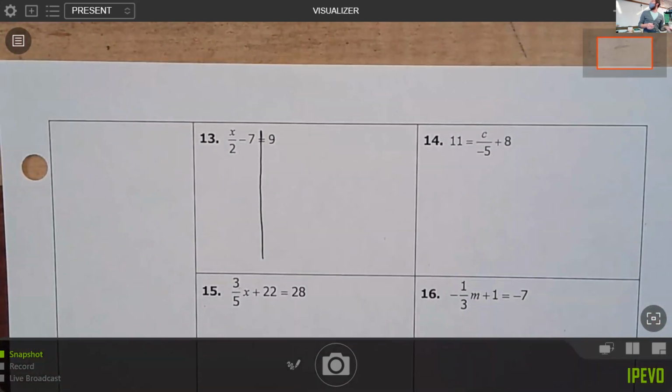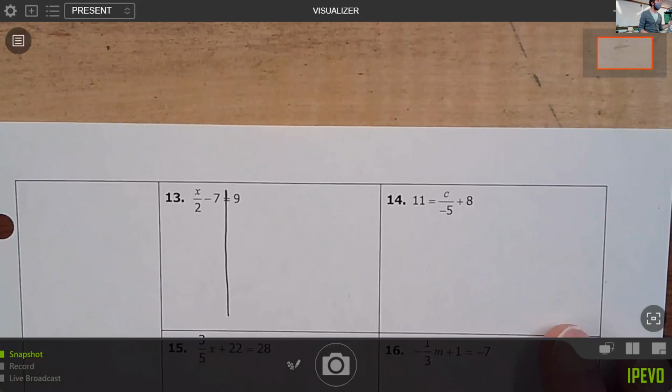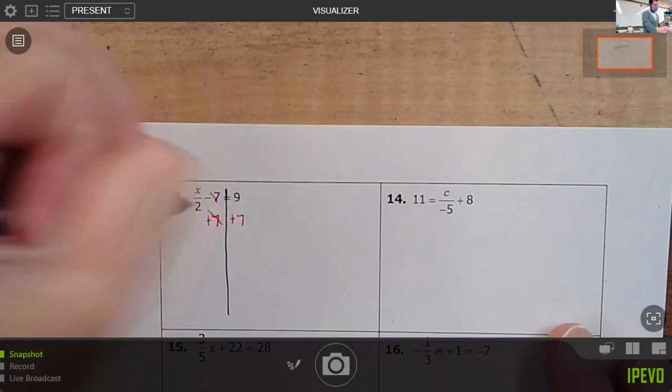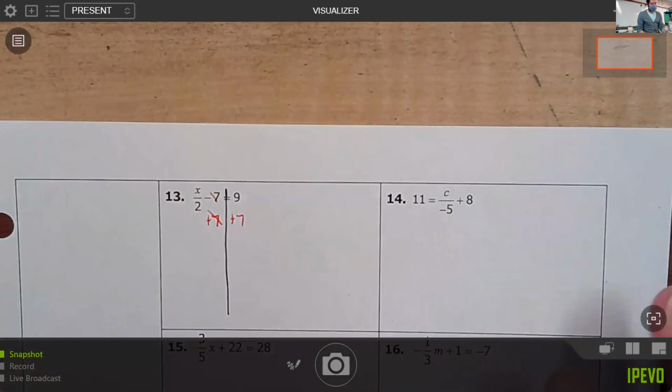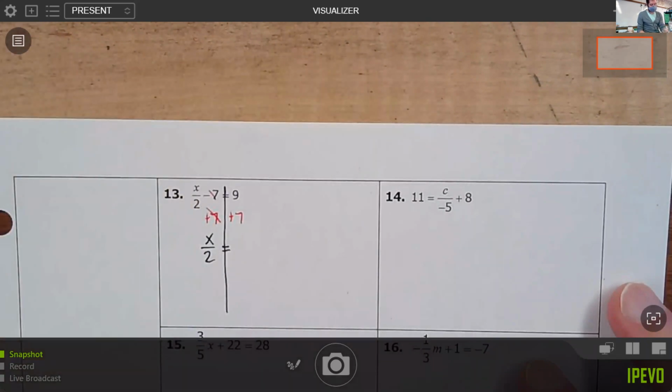So number 13. What's the first thing we're going to do? Add 7. Good. So we're going to add 7. We still have the x divided by 2. 9 plus 7 is equal to 16. So we have x divided by 2 equals 16. X is being divided, so we have to undo the division by doing what?